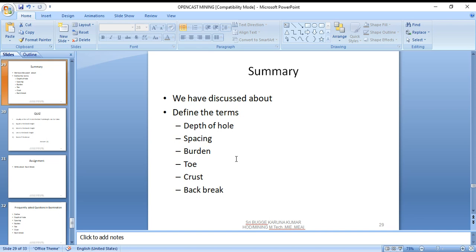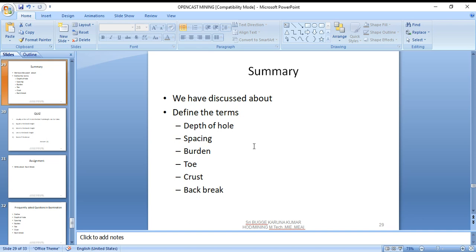I think you can understand. Again, we are summarizing what you have learned and what was covered in this class. Depth of the hole is one of the factors, and it depends upon the excavators.